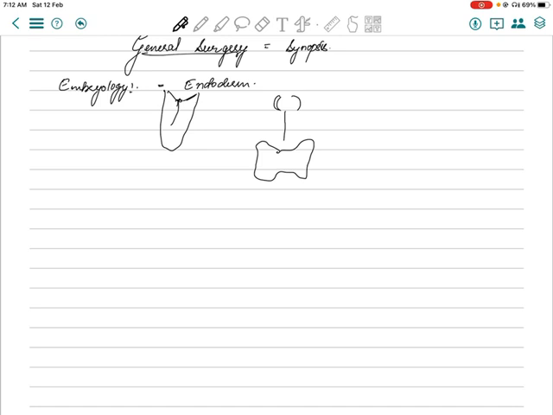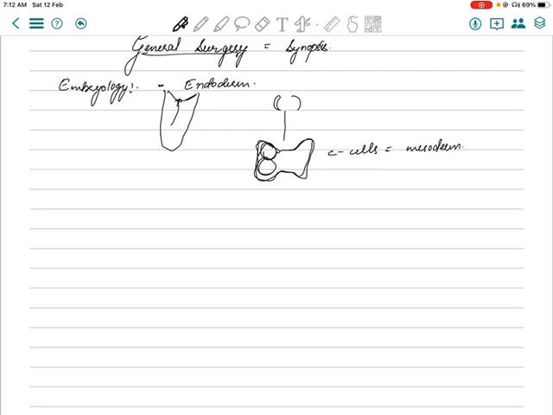However, we have parafollicular C cells that contain calcitonin inside them. This is the whole thyroid gland. We have parafollicular cells, C cells. They are derived from mesoderm.